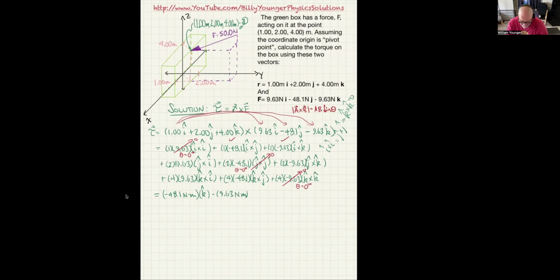Now in this case, it's I hat cross K hat. If you imagine a coordinate system drawn properly in three dimensions, as a right-handed coordinate system, this is the actual orientation of the XYZ coordinate system.